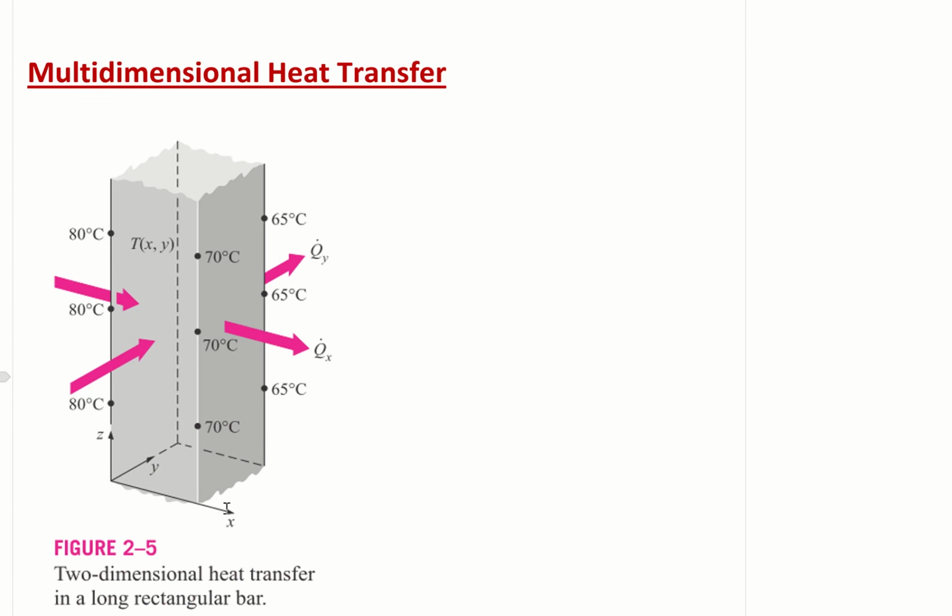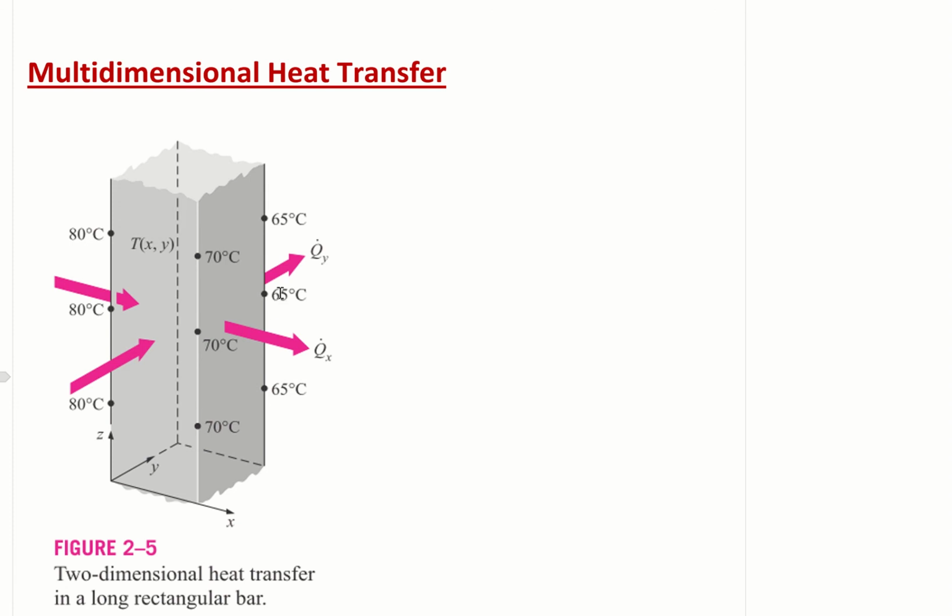Well, you can have heat transfer along the x-axis, along the y-axis, and along the z-axis. Anywhere there's a change in temperature, so say this is a pillar, and it's 80 degrees on this side of the pillar and 70 degrees on this side, that will cause heat transfer in the x direction. But let's also say that it's 80 degrees on this face, and on the other face it's 65 degrees.